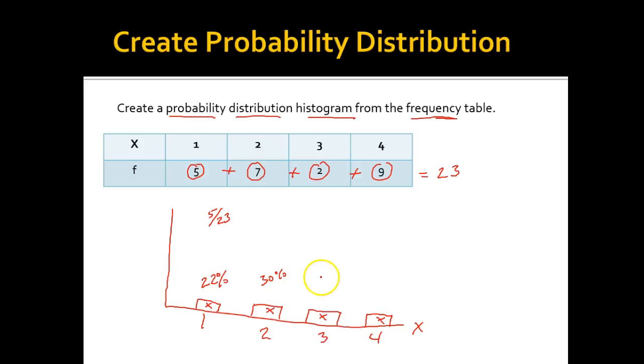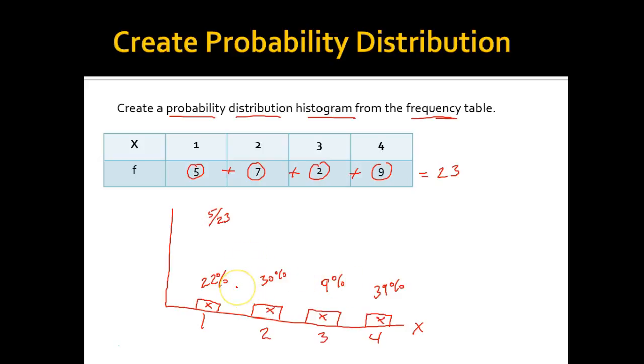I'm just rounding to whole numbers. The 3's, there's only 2, so 2 divided by 23 is 8.6%, or I'm going to just say 9%. And then 4's, there's a bunch of 4's. 9 divided by 23 is 39.1%. I'll just say 39%.